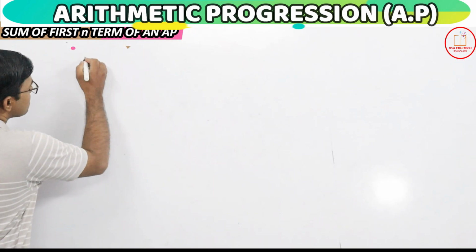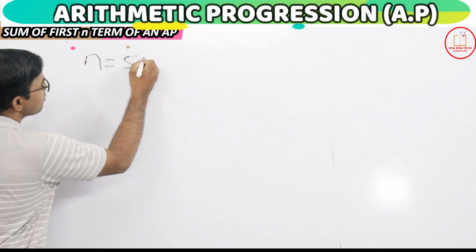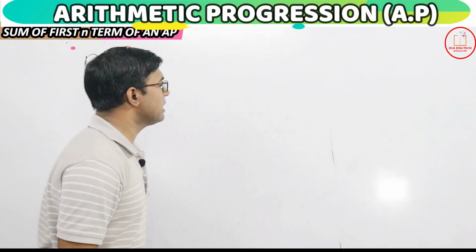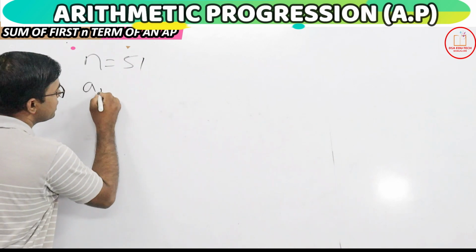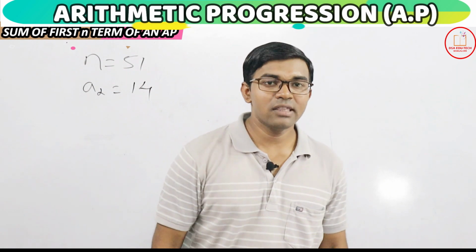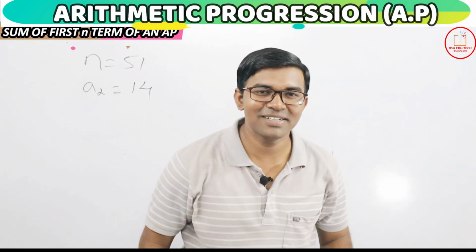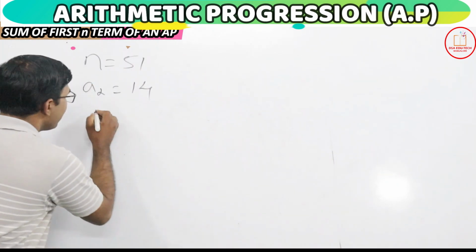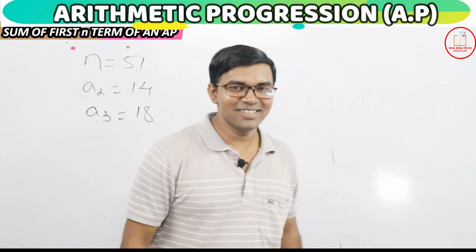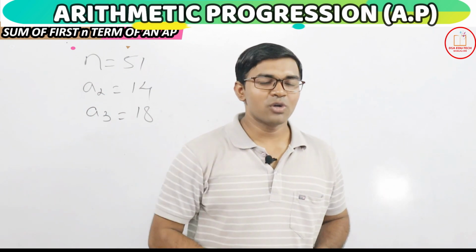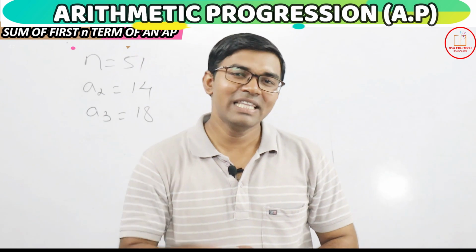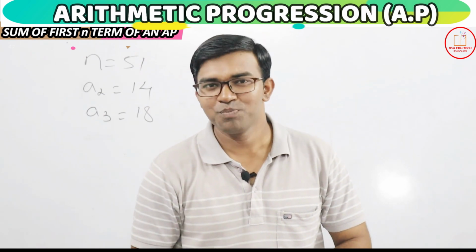So find the sum of 51 terms of an AP whose second term, that is A2, is equal to 14, and the third term is 18. So A3 is equal to 18. Now if you see this problem, they have given you the value of n, right?